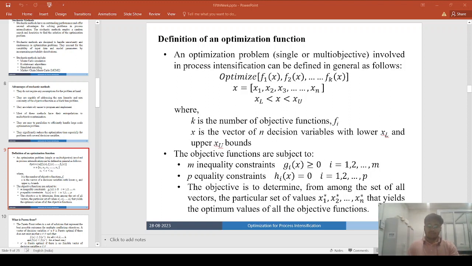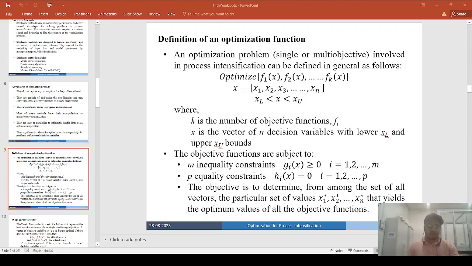So the objective is to determine, from among this set of all the vectors, the particular set of values x1 star, x2 star till xn star that yields the optimum value for all the objective functions.